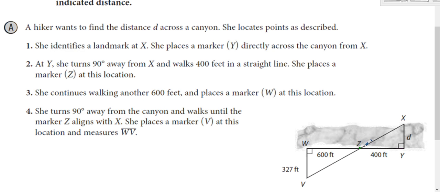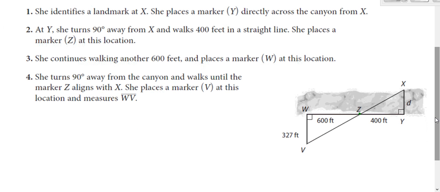She continues walking another 600 feet and places another marker W, then turns 90 degrees away and walks until there's a straight line with Z and X, and they put a marker V down there. And then she also measured how far she walked from W to V, 327 feet.